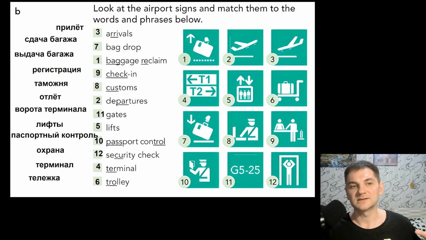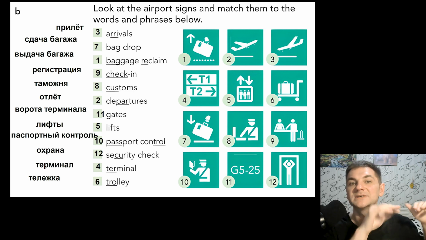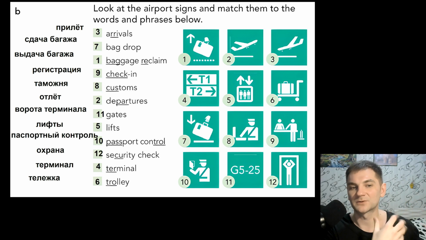Number 1 is baggage reclaim. It is the place in an airport where you get your cases and bags when you arrive after flying. So baggage reclaim area. So you receive your things there. Number 2 is departures.